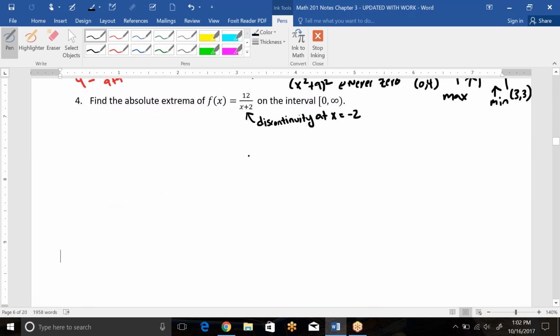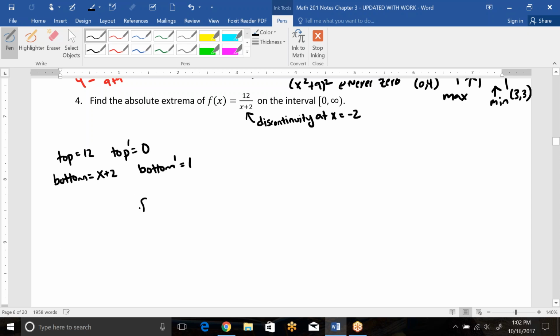So anytime your original function has a 0 in its denominator, you do have what's called a discontinuity. So if we do the derivative of this, the top function is 12, so top prime is 0. The bottom function, and I don't have to do it by quotient rule, but I'm doing it this way, is x plus 2, and the bottom derivative would just be 1.